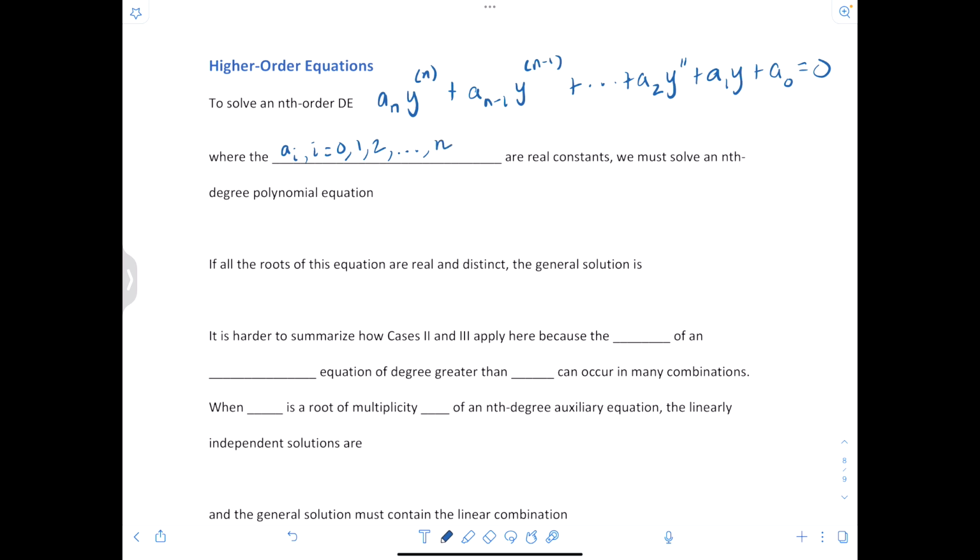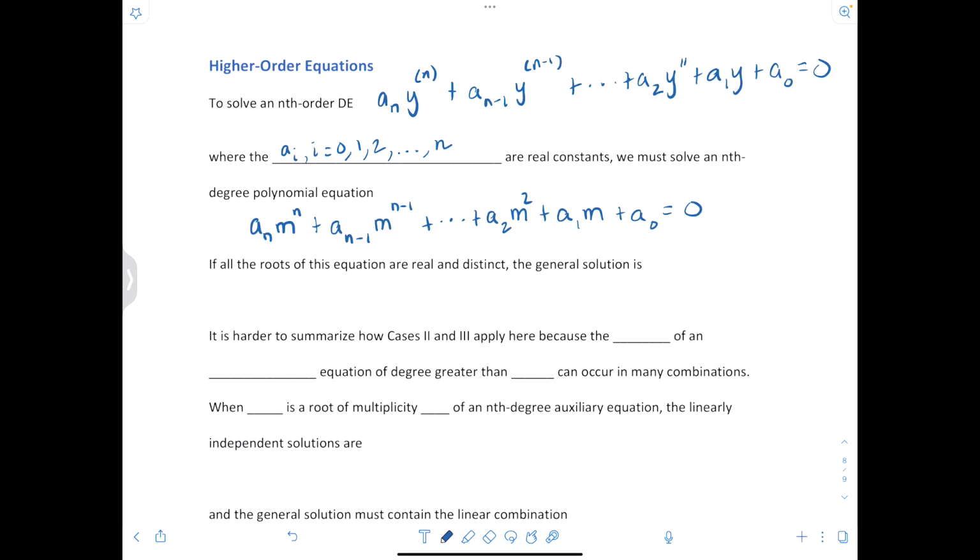To solve this, we must solve an nth degree polynomial equation, a sub n m to the n plus a sub n minus 1 times m to the n minus 1 for our auxiliary equation, plus dot dot dot plus a2 times m squared plus a1 times m plus a0 equals 0.